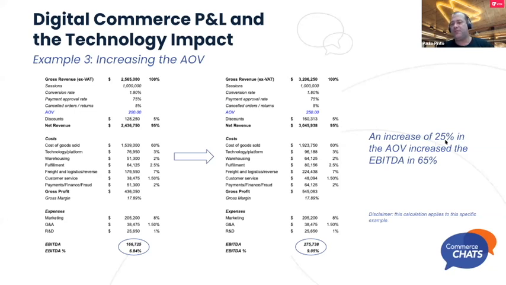So it's a 25% increase. It increases my EBITDA by 65%. So it's a big jump. You have not a huge change in the first lines here, but then your final result is much better, right?